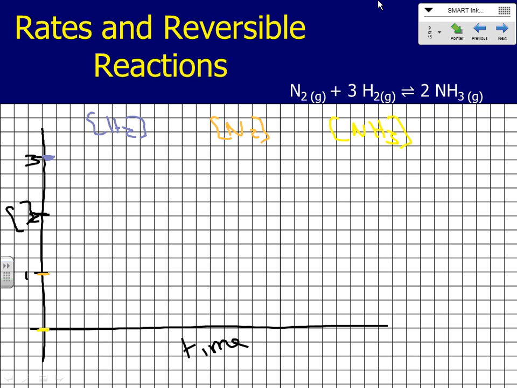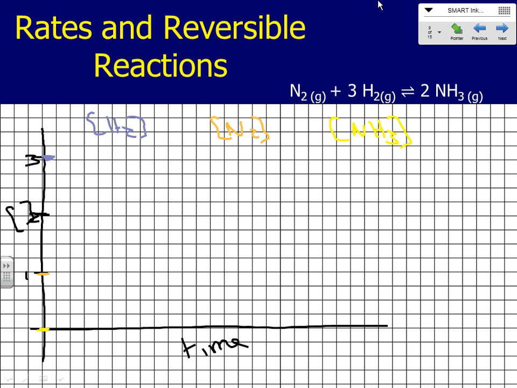It's making more product. The product is going to grow, but then as the product grows, what happens to the speed of the reverse reaction? As the amount of product grows, what happens to its rate? Yep. It's going to increase. So what we have is a battle for how quickly you can make reactant or product.